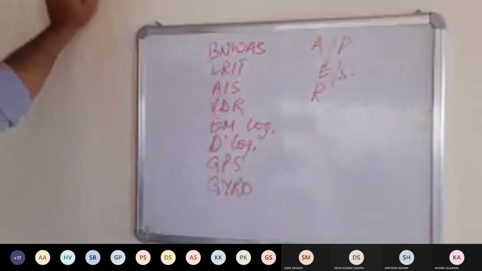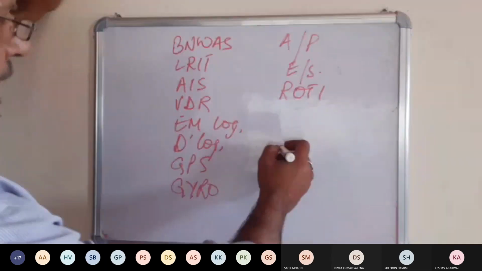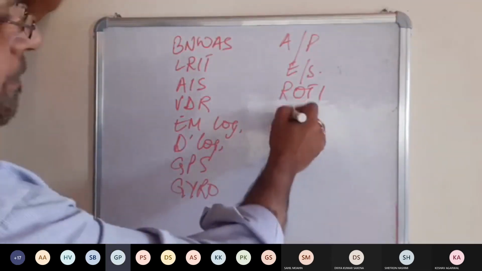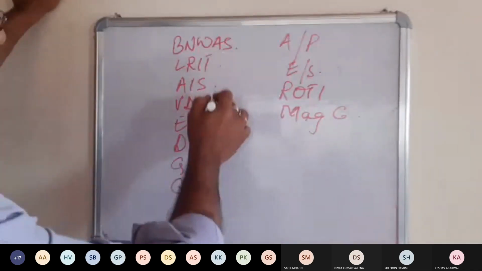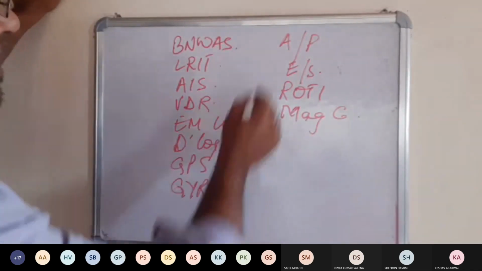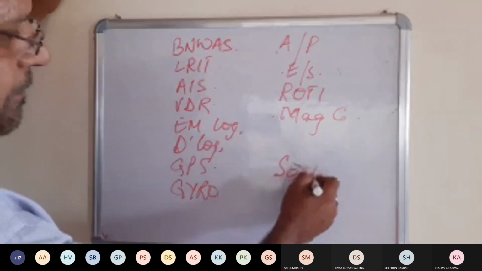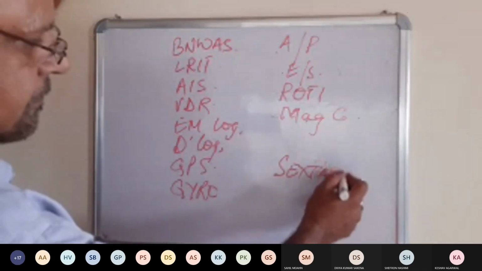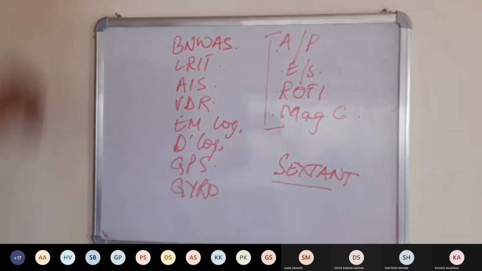Rate of turn indicator. नहीं sir. Okay, so rate of turn indicator is also remaining. Magnetic compass. तो 1 2 3 4 5 6 7 8 9 10 11 12 एक सेक्सटेंट है जो तिवारी सर पढ़ाएंगे. So we are left with these 4 topics.